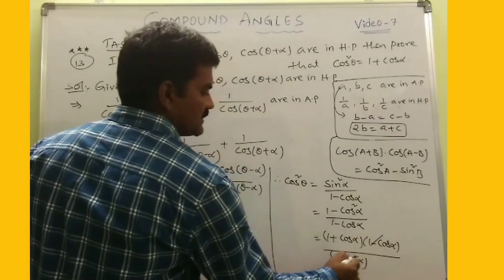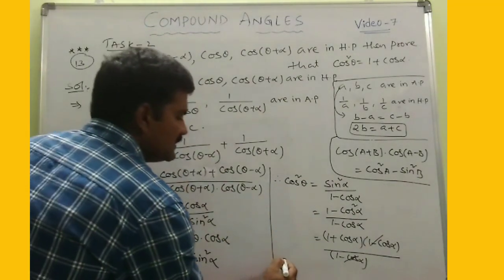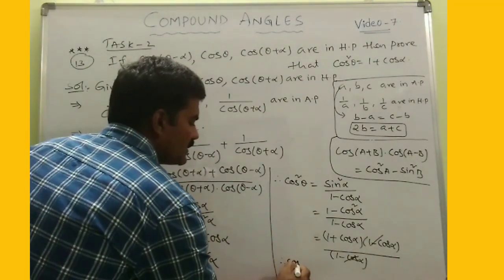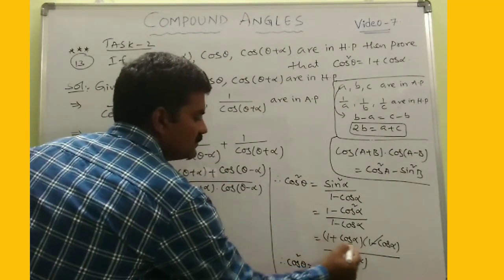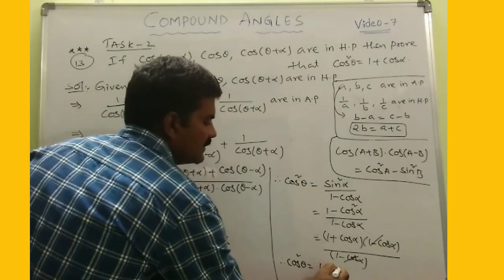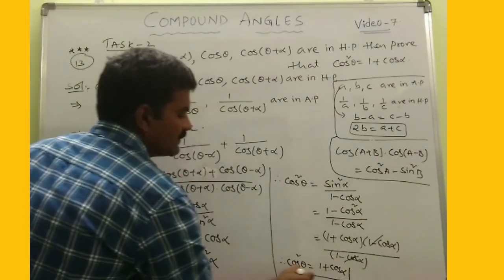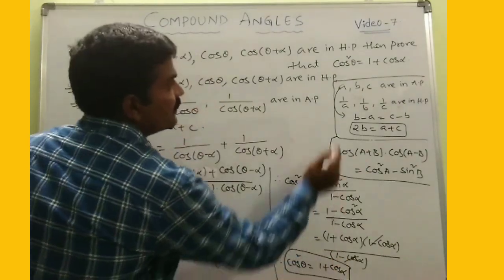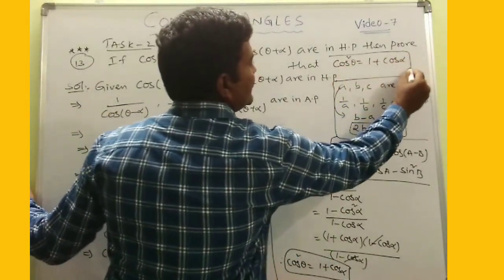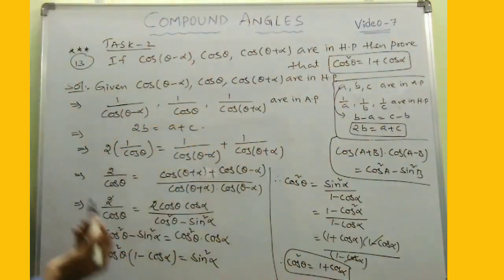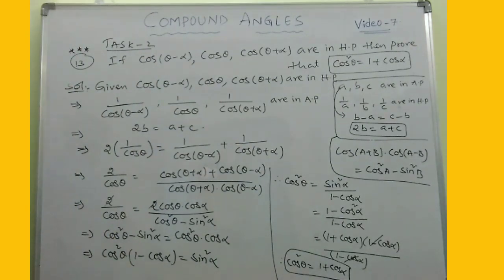So 1 minus cos alpha and 1 minus cos alpha cancel. Therefore, cos square theta is equals to, what is left here? 1 plus cos alpha. I think this is what we need to prove now. Cos square theta is equals to 1 plus cos alpha. So the condition is proved.